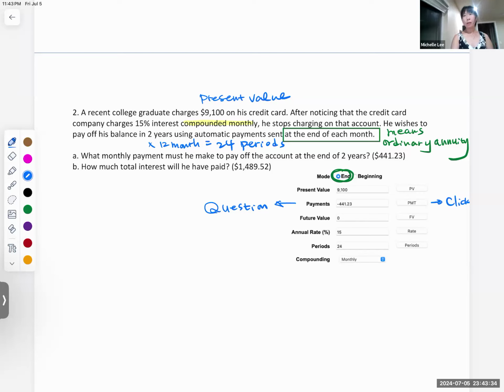$441.23. Okay. Now, how much total interest? So how much did the student pay monthly?